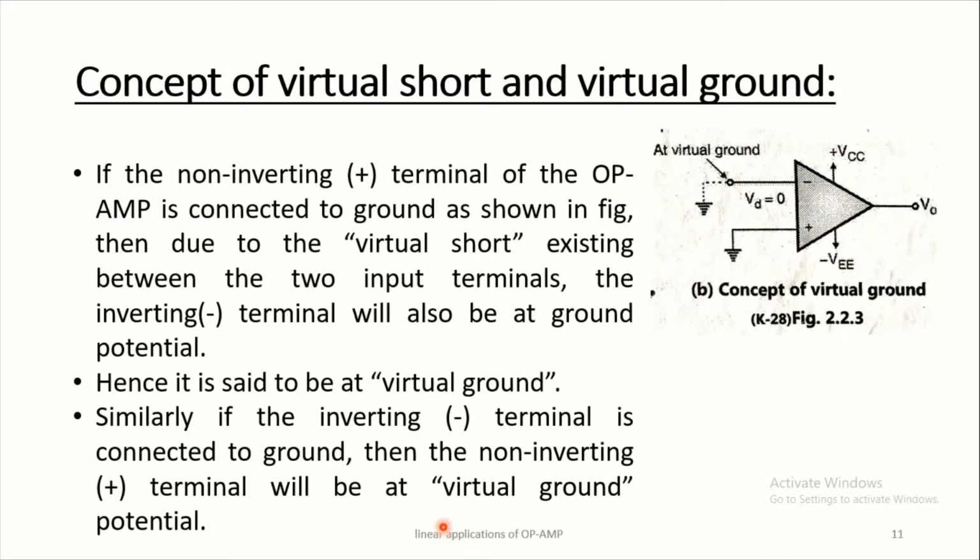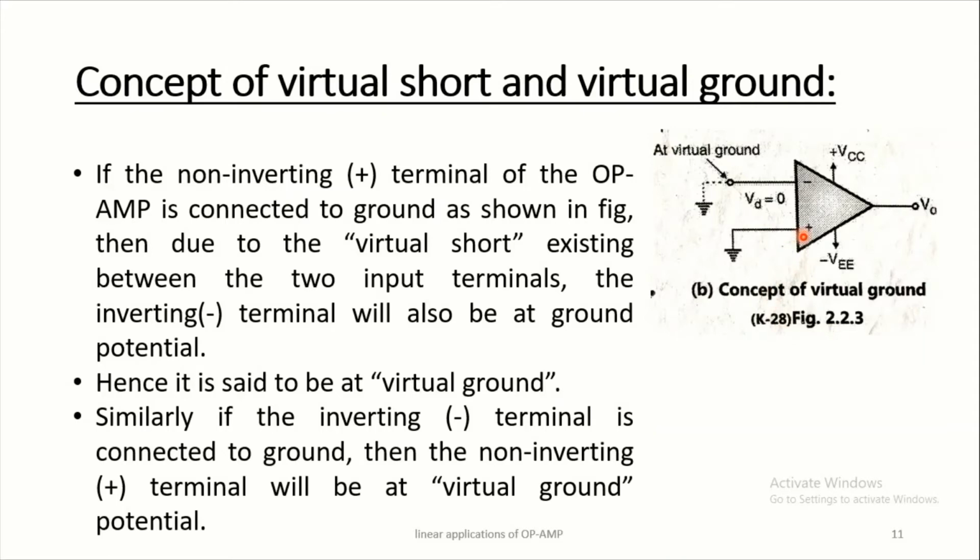The next is virtual ground. The first one is virtual short and the next is virtual ground. If the non-inverting terminal of the op-amp is connected to the ground, meaning the plus terminal is at the ground, then due to the virtual short existing between the two input terminals, the inverting terminal, meaning the minus terminal, will also be at the ground potential.